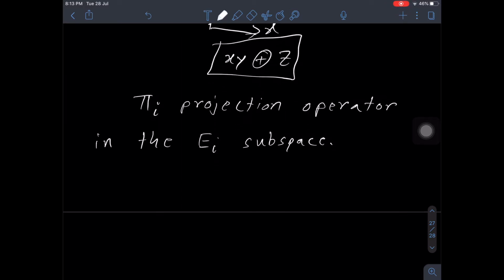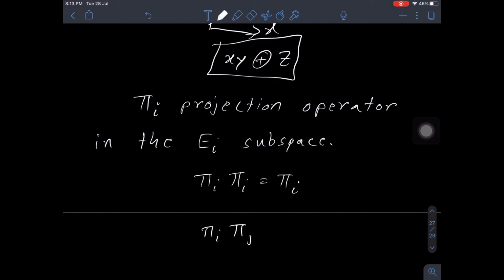So from the definition of projectors, what we know is that pi I times pi I is nothing but pi I, because if you project in a subspace once, and if you do it again on that vector, it will remain the same, right? And we also know that pi I and pi j, when I is not equal to j, is equal to 0, because they are orthogonal projectors.